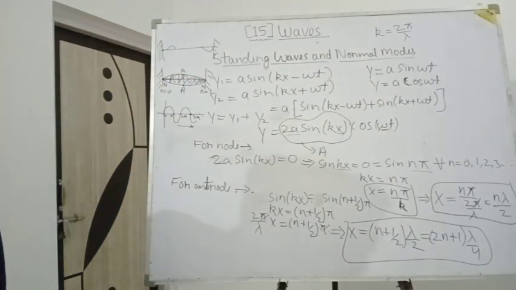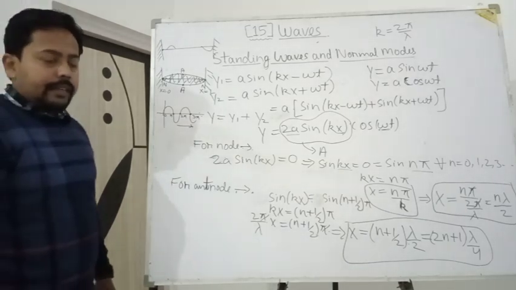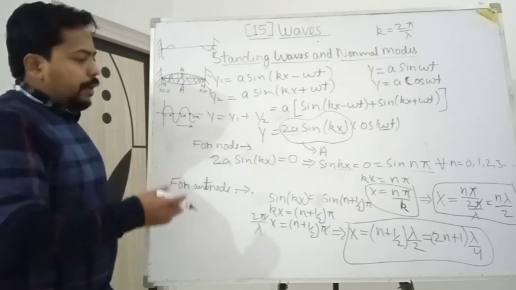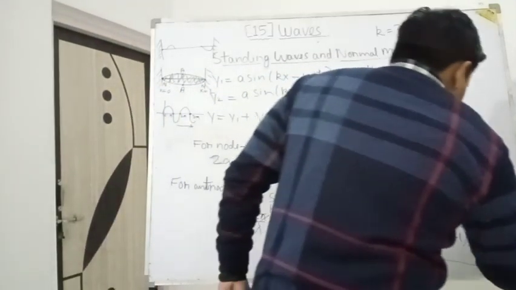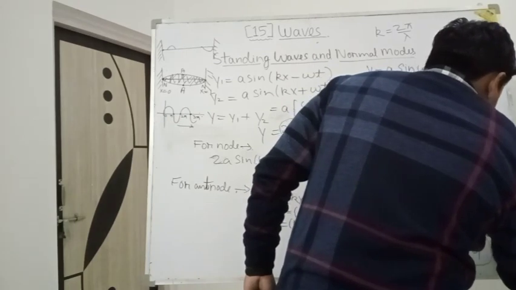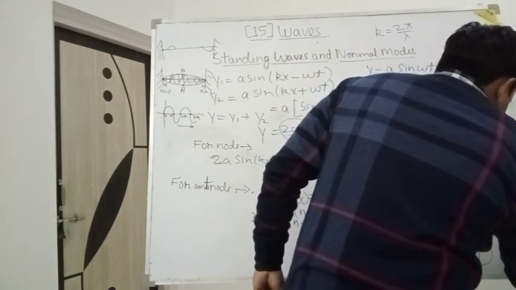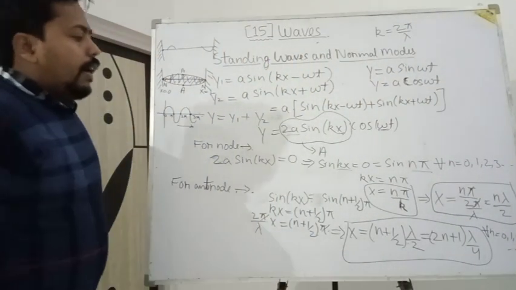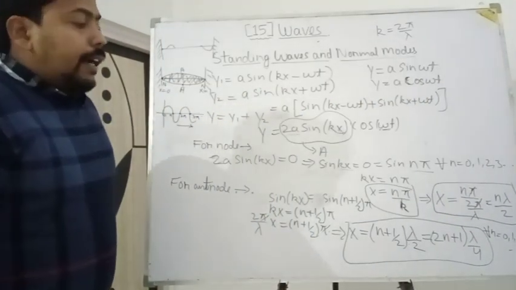This is the expression that we got. Sometimes in the question it may be asked to determine the position of nodes and antinodes. Here also the value of n will vary from 0, 1, 2, 3 and so on.